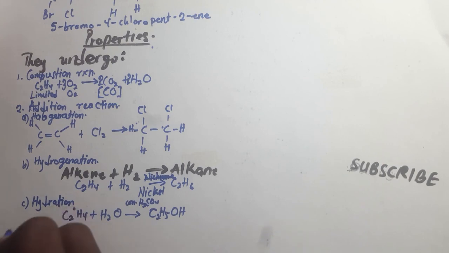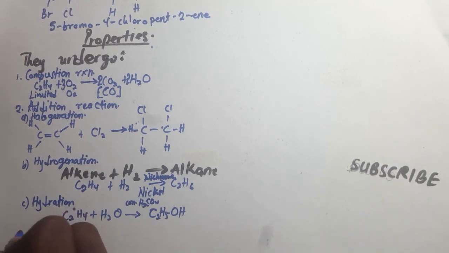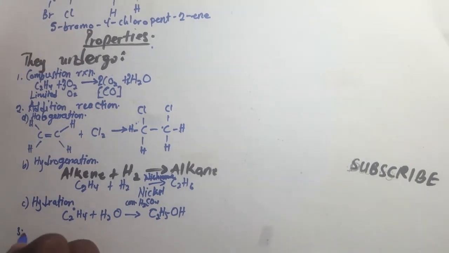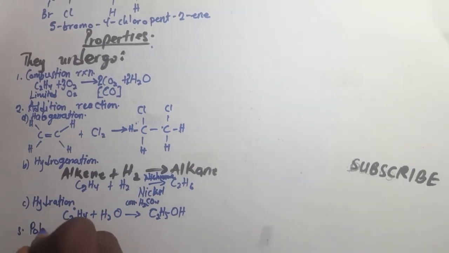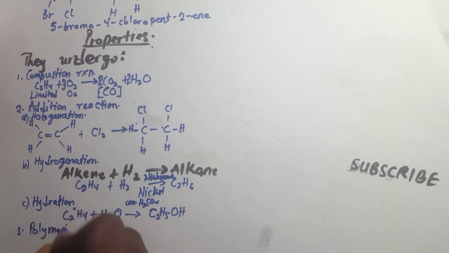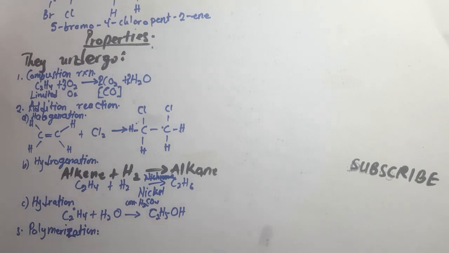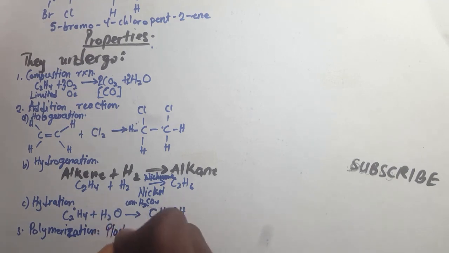The last reaction I'll talk about, which is not under the addition reaction, is polymerization reaction. So it's the third. Polymerization. Alkenes have the ability to undergo self-addition to form a large molecule. Large molecules like plastics.